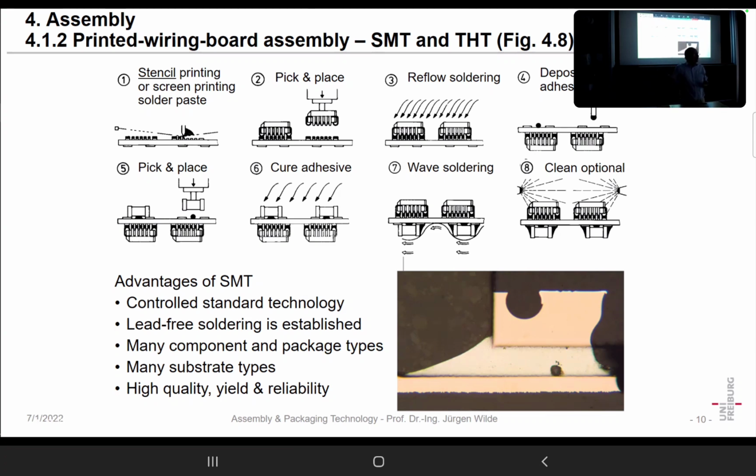On the other hand, modern machinery has a vision system, pattern recognition, and this equipment looks where the pads, where the paste are, and adjusts the location to pick and place. So that's especially important for the bigger devices. So in these cases, it's a controlled pick and place.